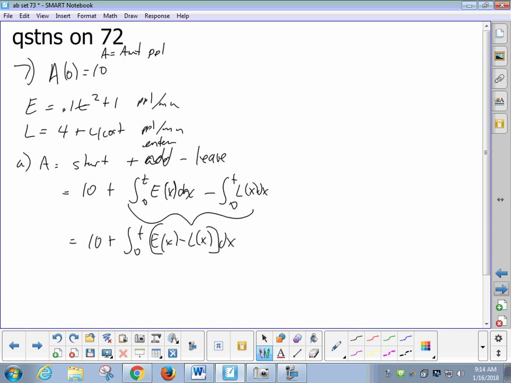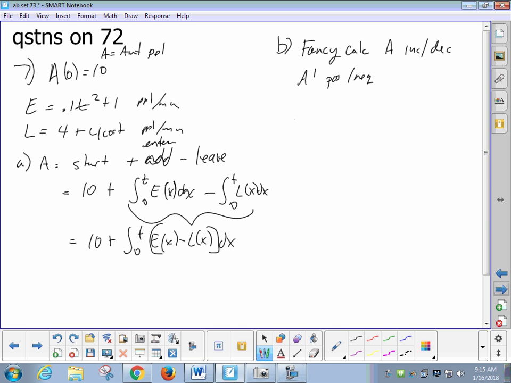Okay? Part B: is the number of people in the store increasing or decreasing at time 4? There are two ways to look at this. From a calculus point of view, you want to know, is the amount increasing or decreasing? By the book, that means is A prime positive or negative?